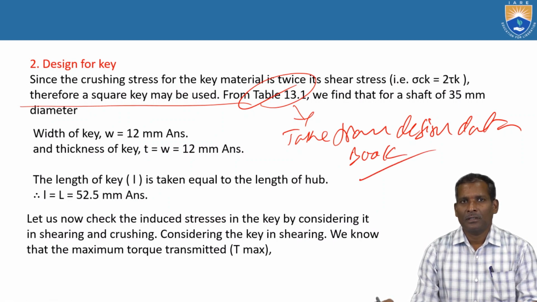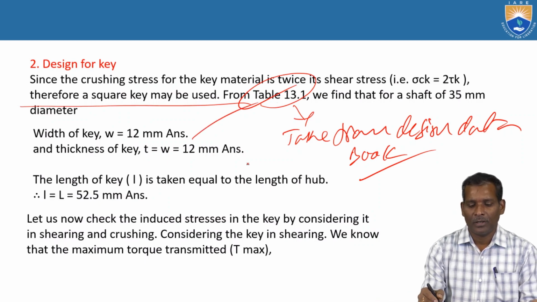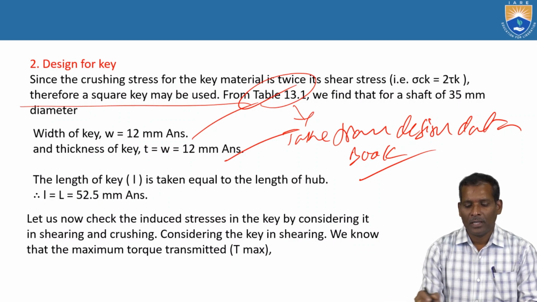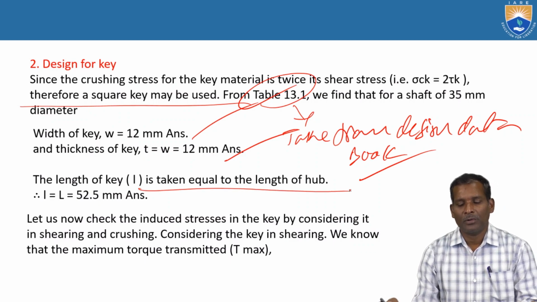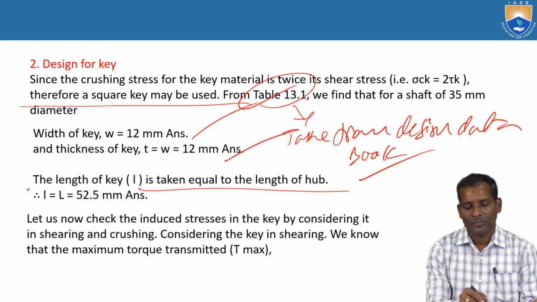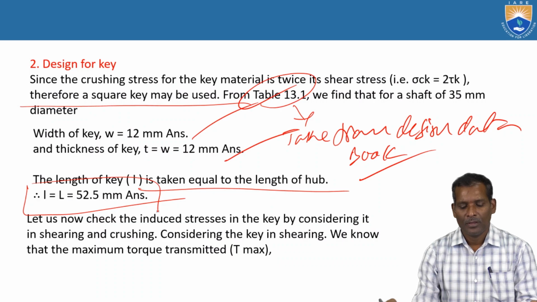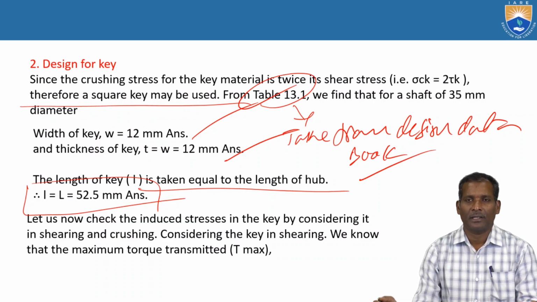Here the shaft diameter is 35 mm, the width is 12, and then the thickness of the key. The length of the key is taken equal to the length of the hub, so capital L is equal to small l. Now check the induced stresses in the key by considering shear and crushing.